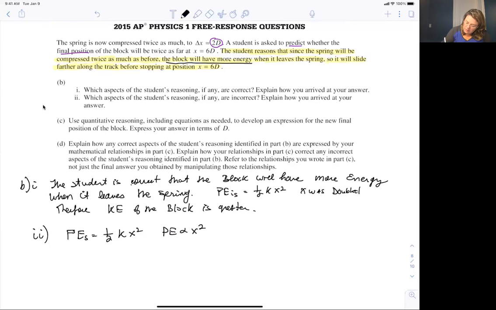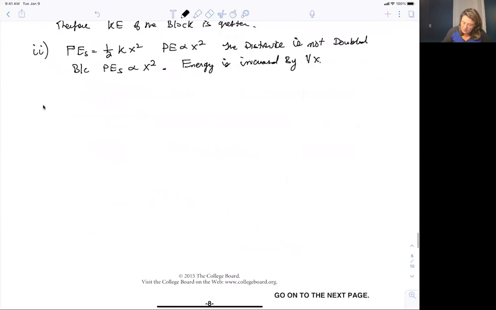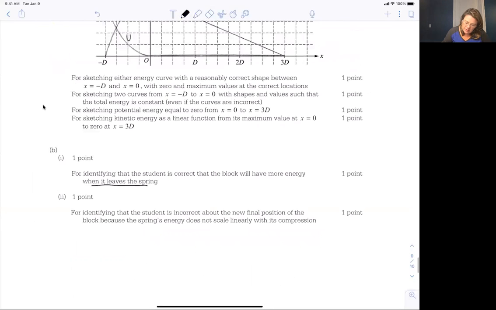So the distance is not doubled, because potential energy of a spring is proportional to x squared. Energy is increased by 4 times.